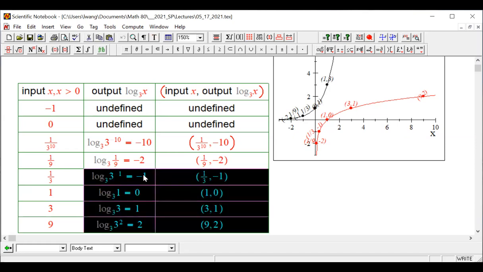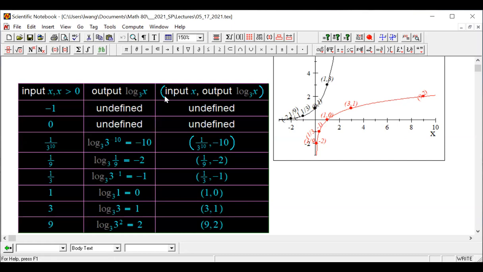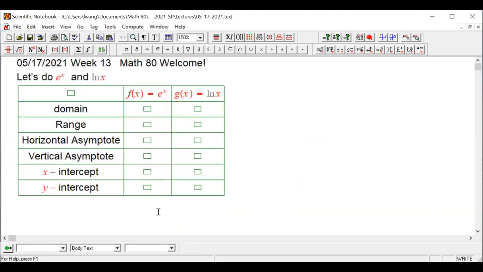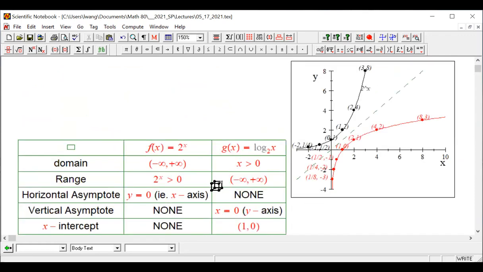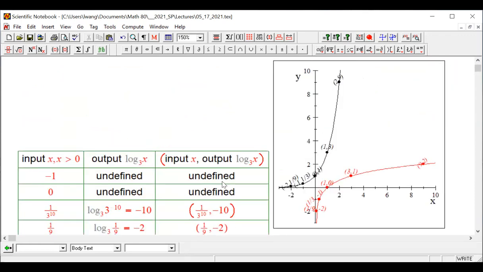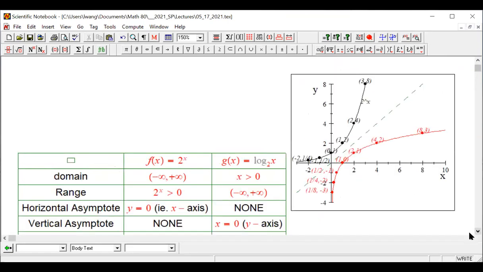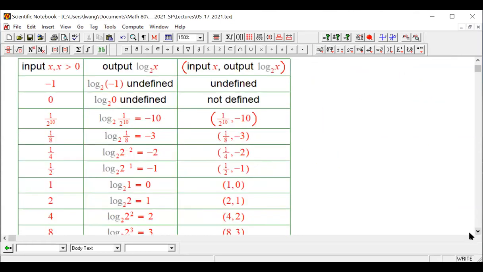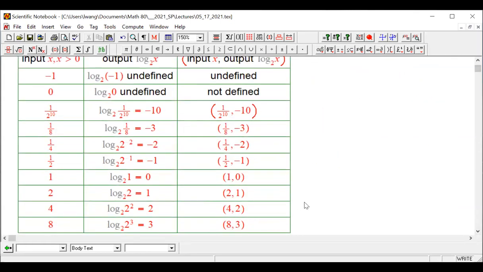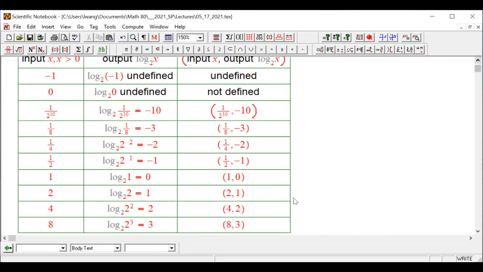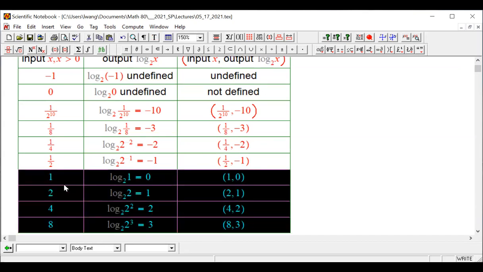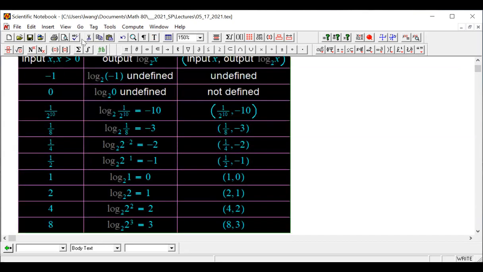This is the log. We're going to do the log. I'm going to make changes. Before I make that change, let me bring those calculations so you see the similarity. I do want you to see the similarity, but we have to do the groundwork.